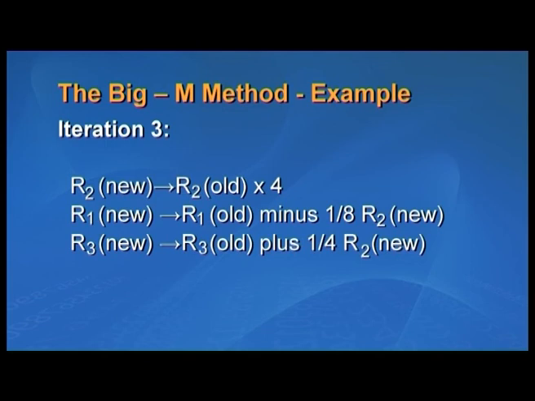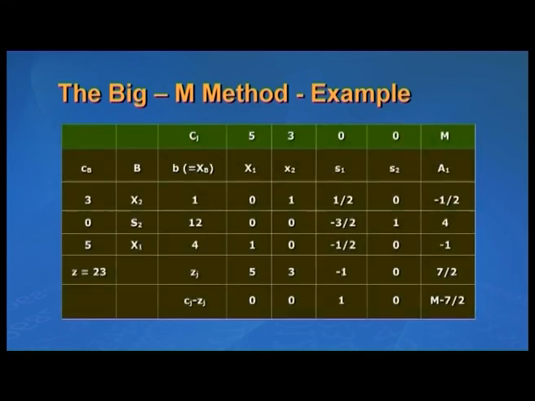R3 new is given by R3 old plus 1 by 4 R2 new. We will get the table with the following values. The coefficients are 3, 0 and 5. The variables in the basis are x2, s2 and x1. The solution values are 1, 12 and 4.